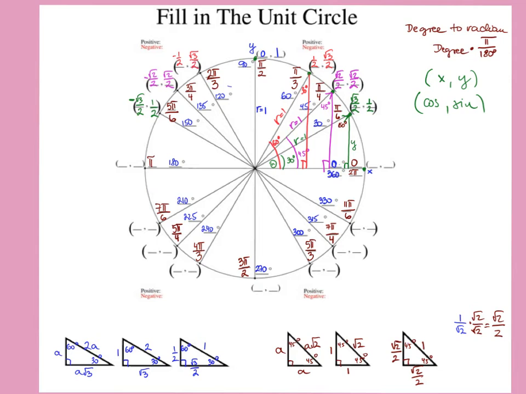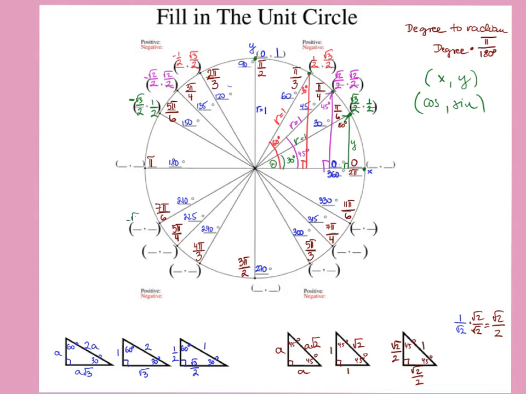So now we are going to do our reflections over the x-axis. So the first point I am going to pick here is the 150 degrees. I reflected over the x-axis, so it will become 210 degrees. And now I'm in quadrant 3, so both parts of the ordered pair are going to be negative.